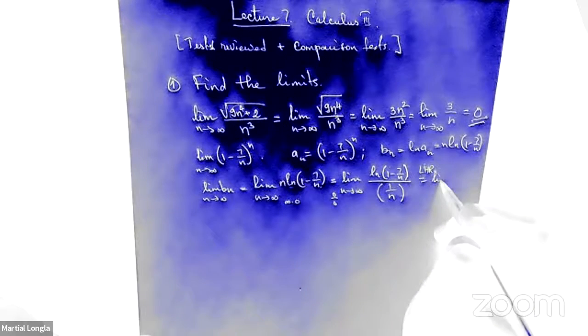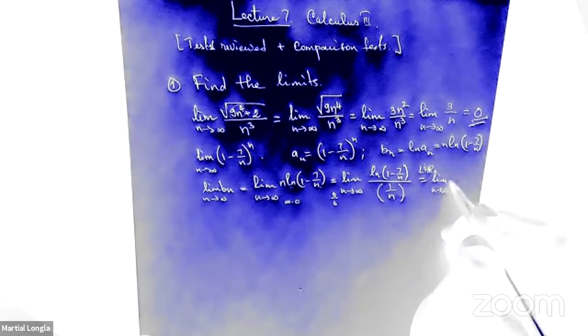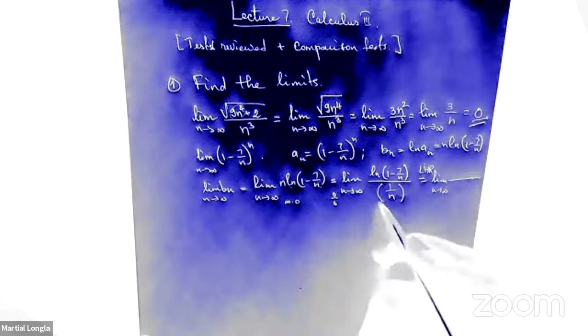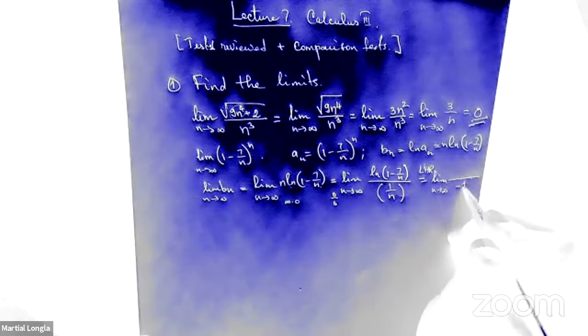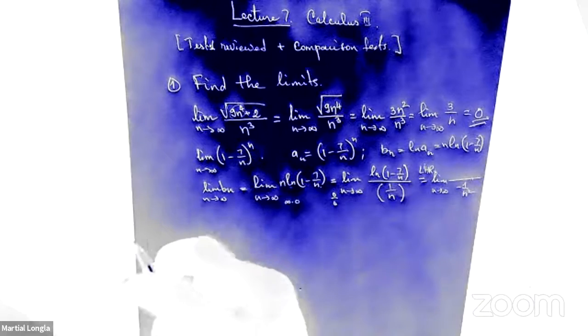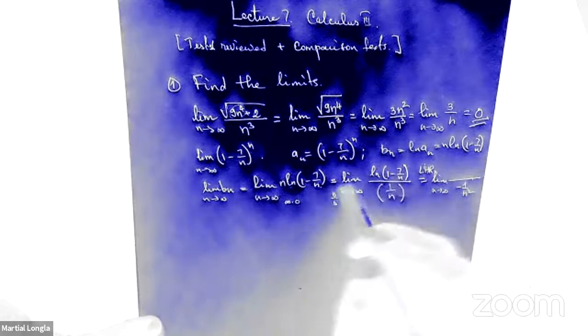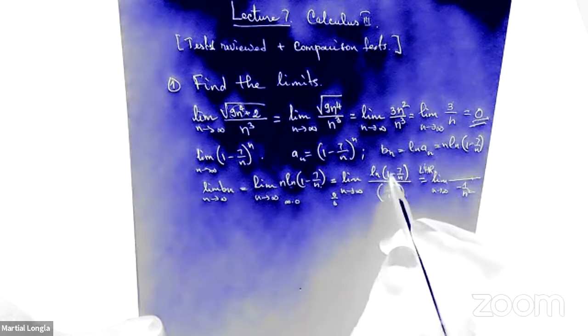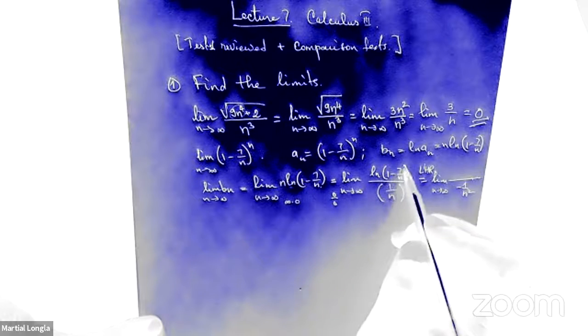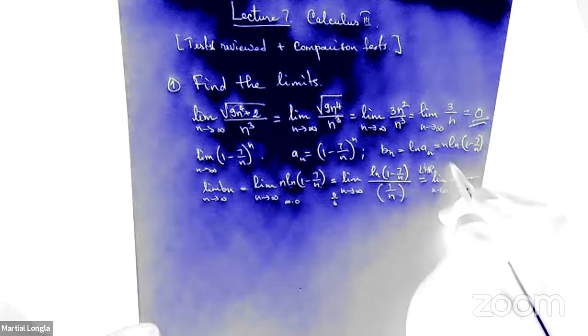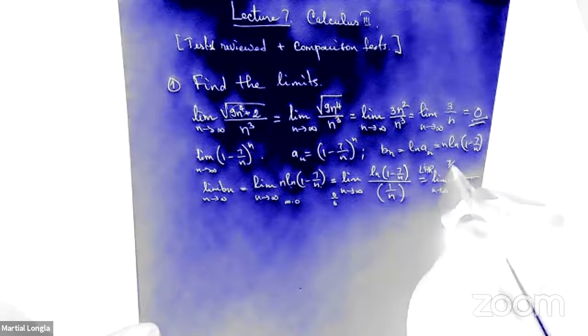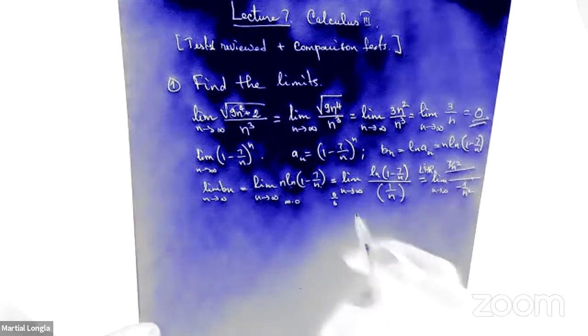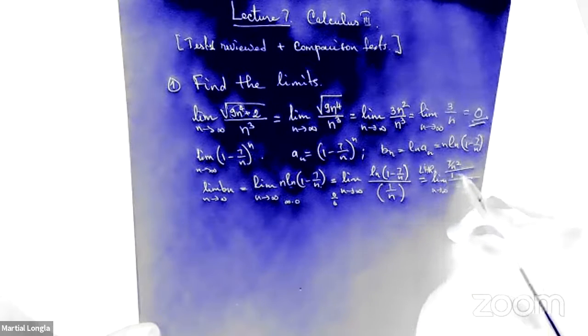And that's limit as n goes to infinity. And L'Hopital's rule says take the derivative of that bottom. That's minus 1 over n squared. The derivative of the top, derivative of natural log of 1 minus 7 over n, that is 7 over n squared divided by the function that is inside.